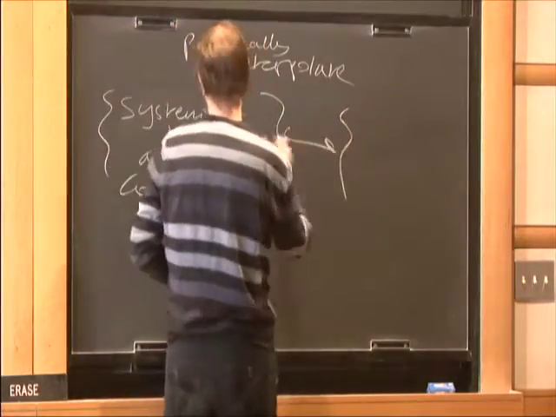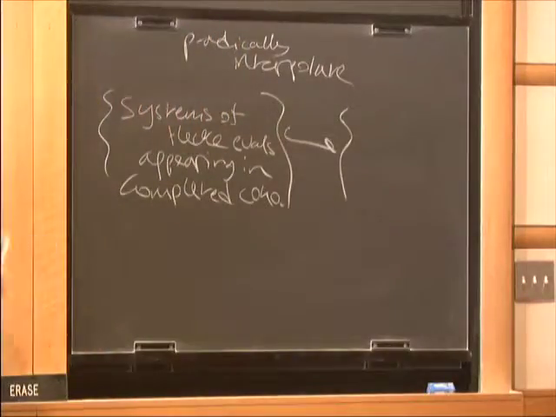Right, and over here will be the systems of Hecke eigenvalues appearing in completed cohomology for the Shimura curve attached to D, where the tame level will have the Iwahori level that replaces lambda 1 and lambda 2.